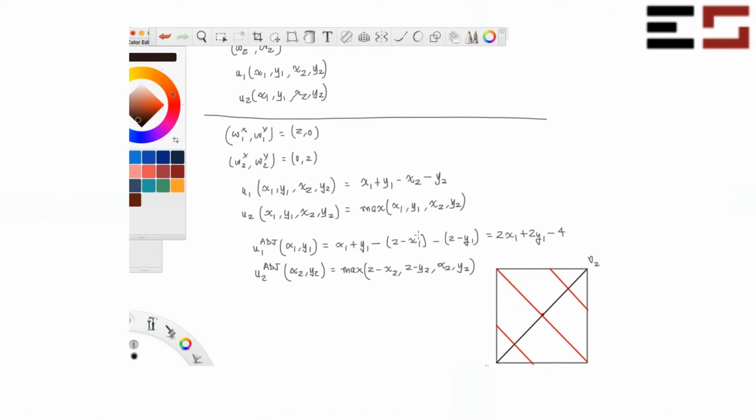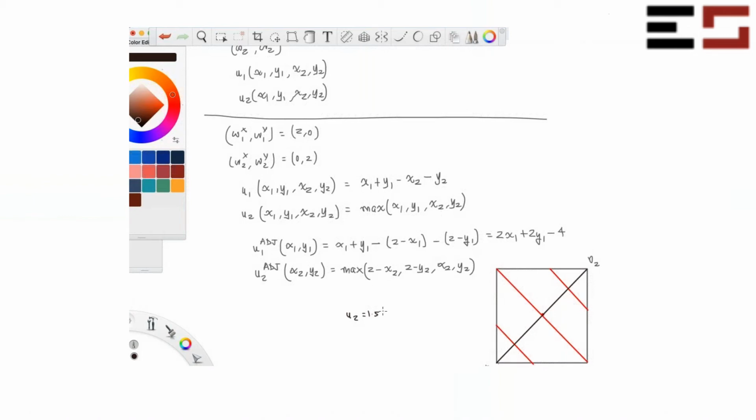What we can do is, we want the satisfaction level to equal 1.5. So u2 to be 1.5, right? If u2 is 1.5, do you agree that one of them must be 1.5? So either x1 is 1.5 or y1 is 1.5 or x2 is 1.5 or y2 is 1.5. At least one of them must be 1.5.